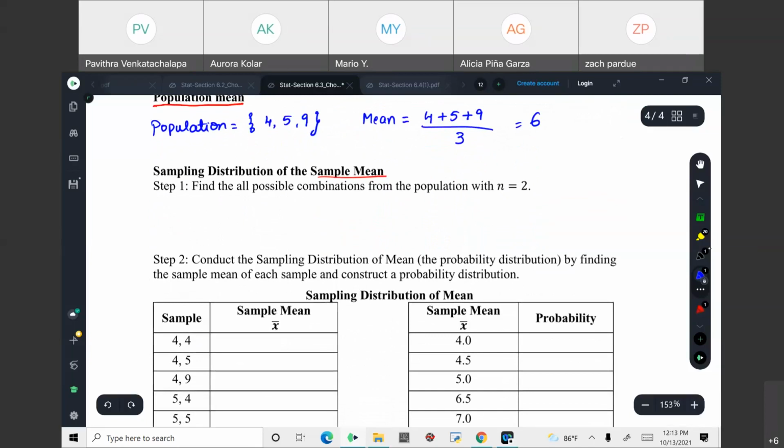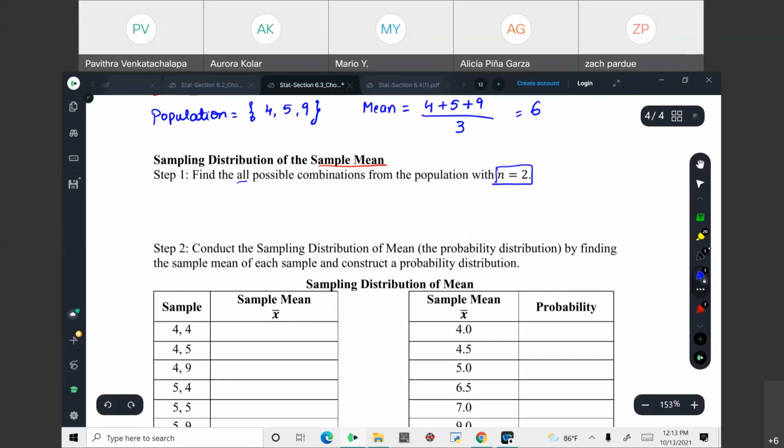Now I told you that you need to pick two numbers from the population, so the sample size will be 2. Now find all possible combinations. In other words, they are telling us to find the sample space.